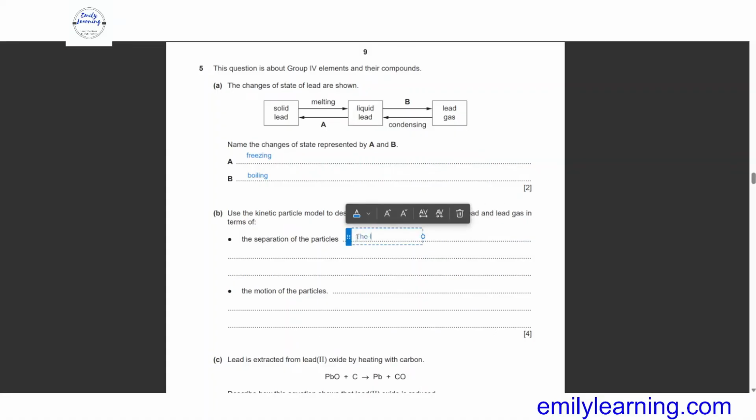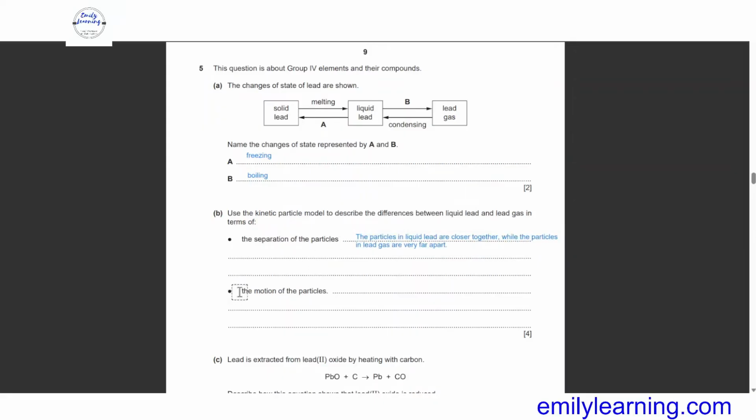So the particles in liquid lead are closer together, while the particles in lead gas are very far apart. Okay, I don't want to write the liquid particles because they're just particles. Alright, so this is the answer.